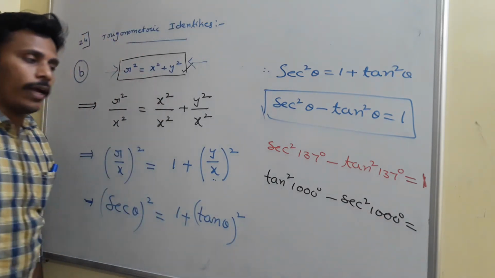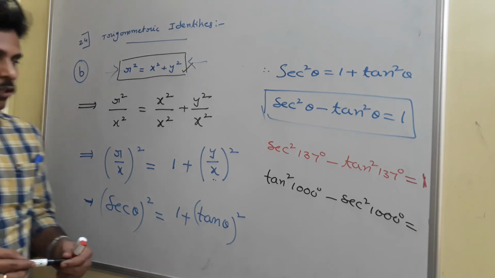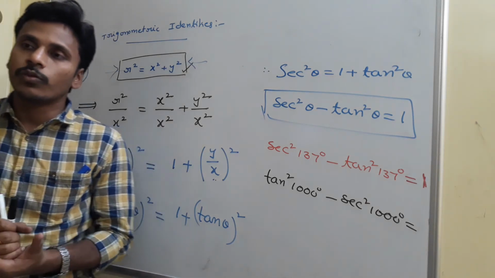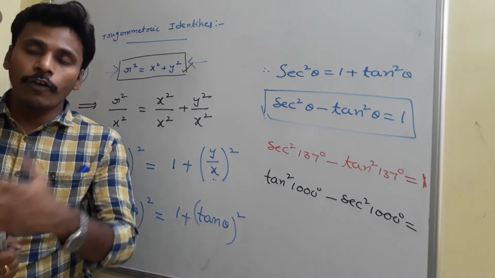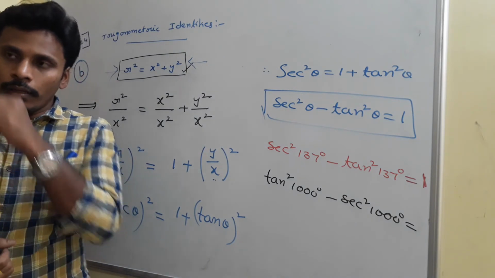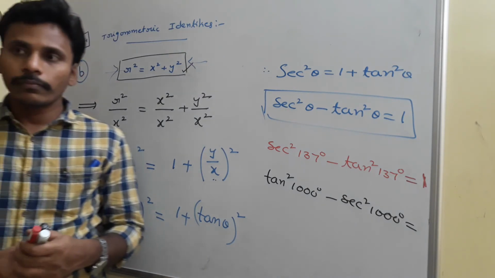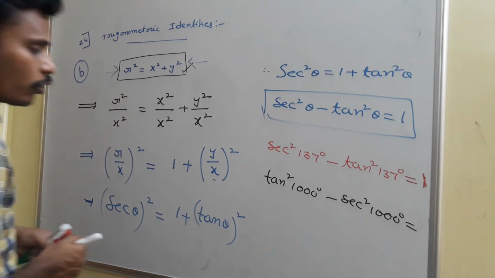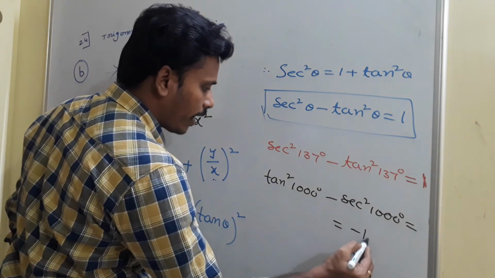What do you say about this value? What is the value of tan square 1000 degrees minus secant square 1000 degrees? If any of you are ready, just raise your hand. So, tan square 1000 degrees minus secant square 1000 degrees is just minus 1.